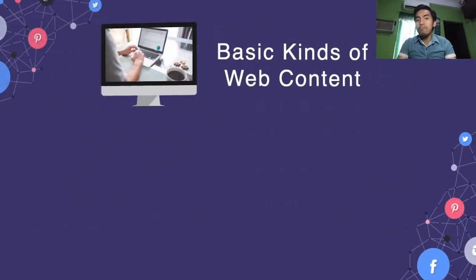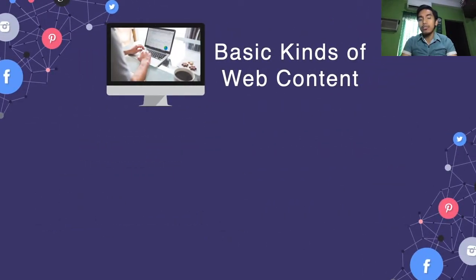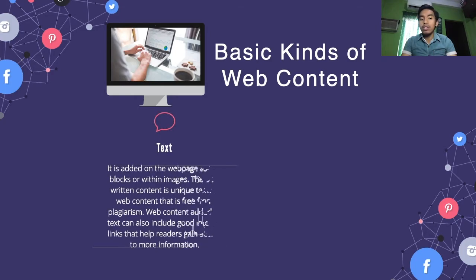Now, what are the two basic kinds of web content? You have two. So the first is text. Everything that you see on the web page as text blocks or in between images are your text. You can say that the best written content is unique textual web content that is free from, of course, plagiarism, because no one wants to have their content copied from somewhere else.